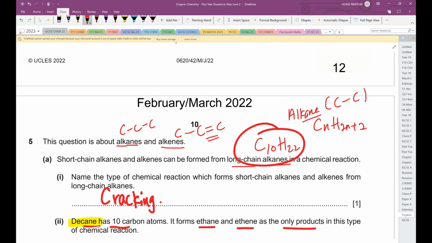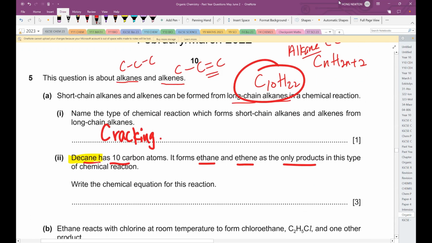So we write C10, and based on the formula, 2n means 2 times 10 is 20, plus 2 is 22. So we use the cracking process, which gives us a product. Draw an arrow, then the product, and make sure this is ethane.